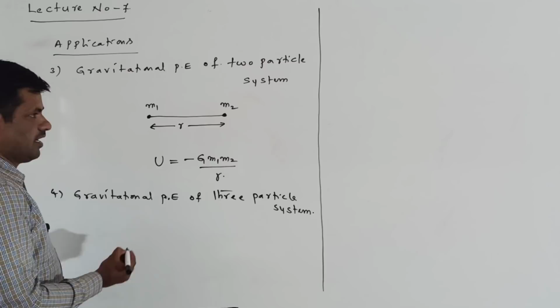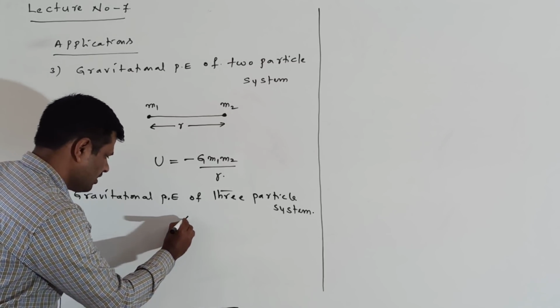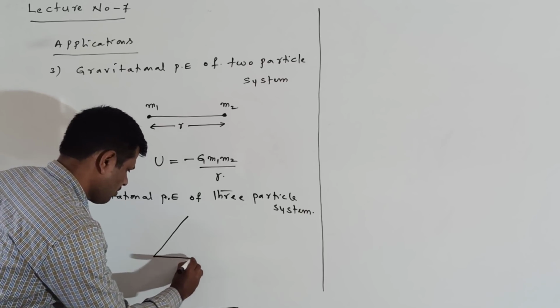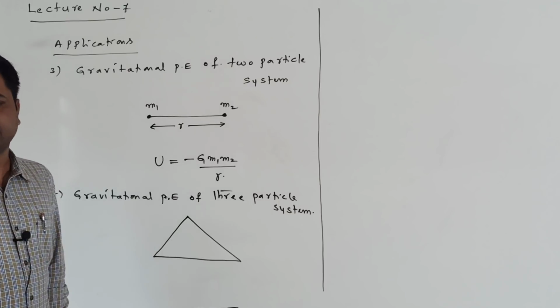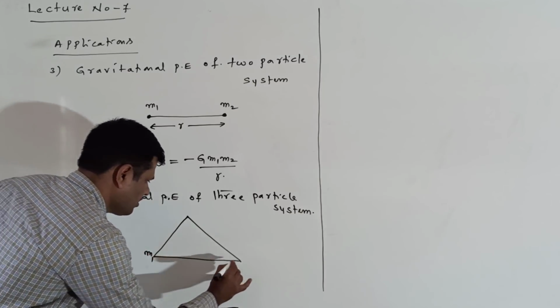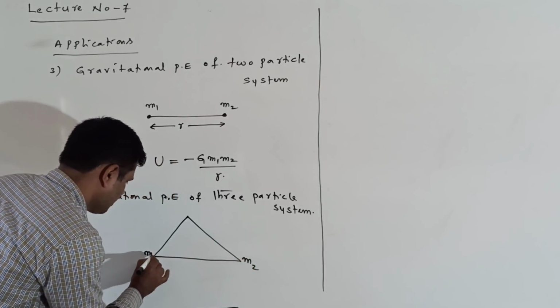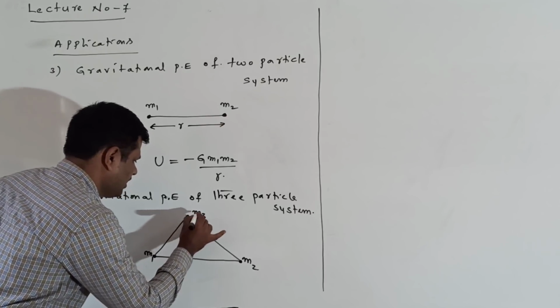Listen here, I am drawing the diagram here. Gravitational potential energy of three particle system. Three particles I consider. Now one has the mass m1, another one is m2, and this one is having m3.